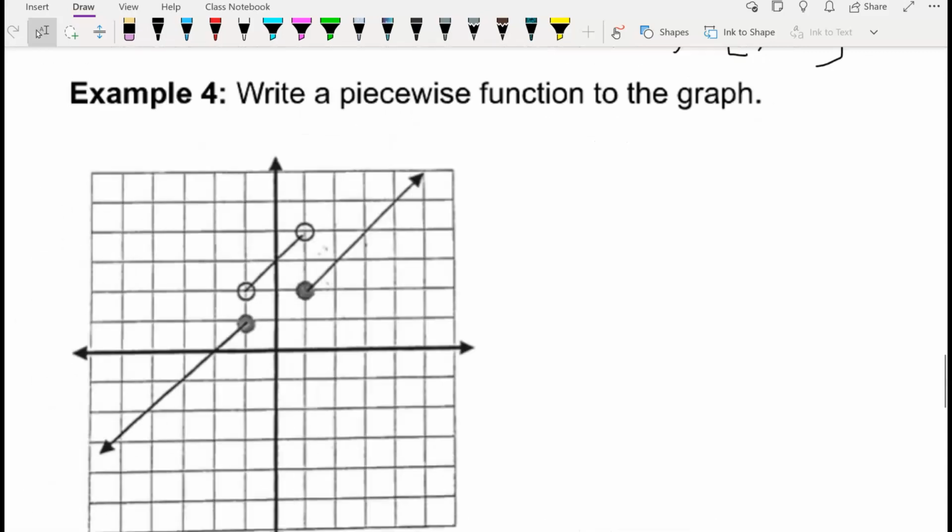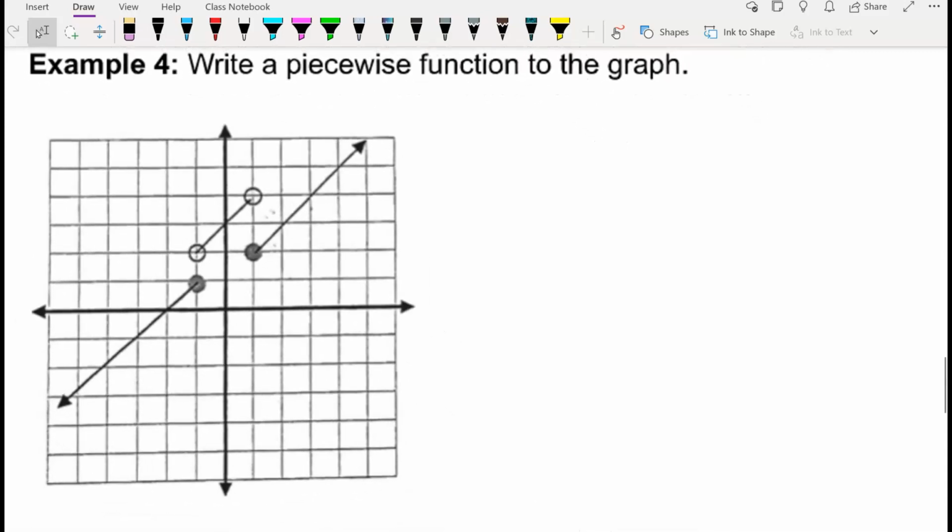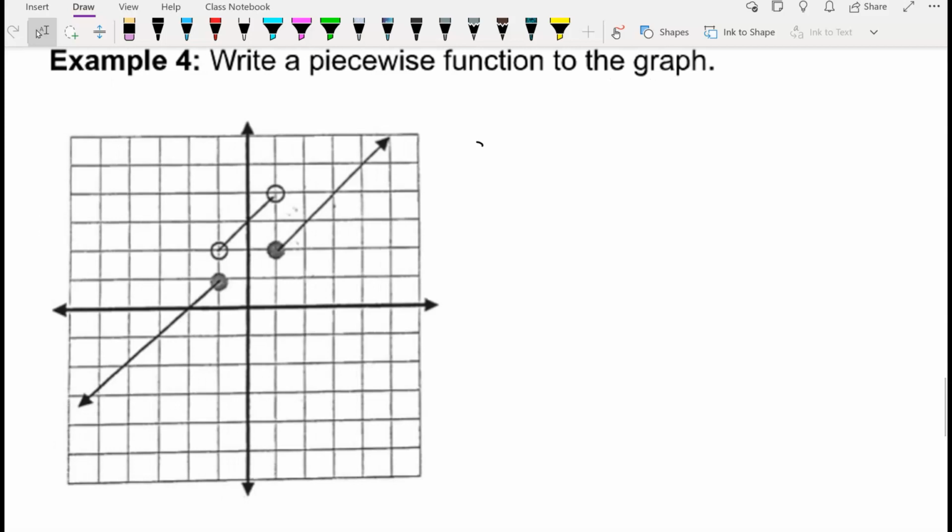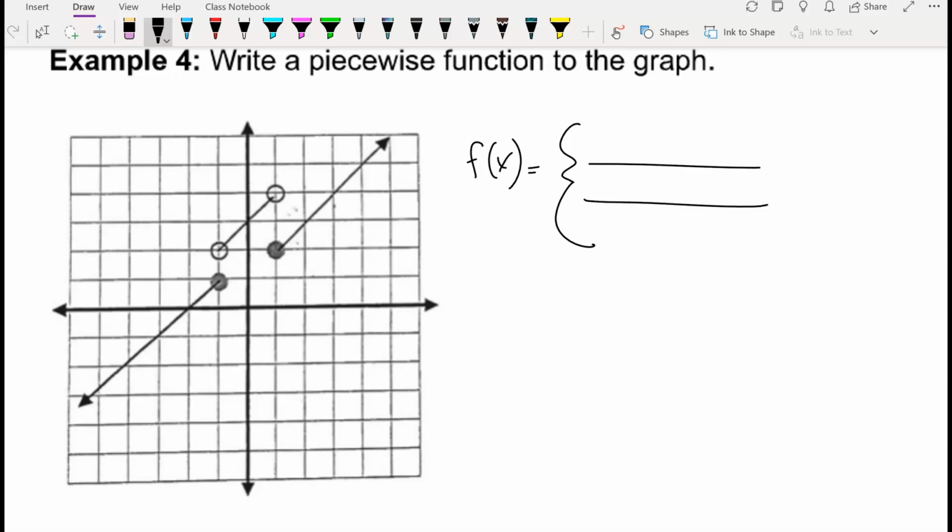All right, next we're doing a piecewise function from the graph. So that means we're going to have 3 sections, and then we have our intervals over here. So let's start with the intervals. Those will be easy. So from -infinity to -1, x is less than or equal to -1, because we have a closed circle here.